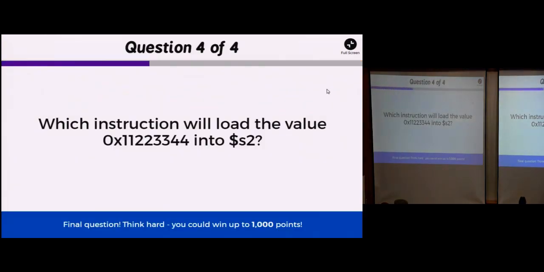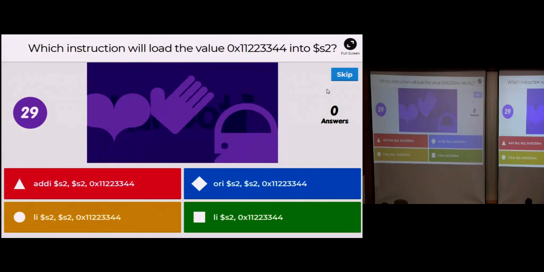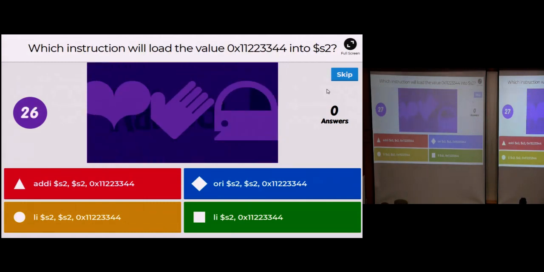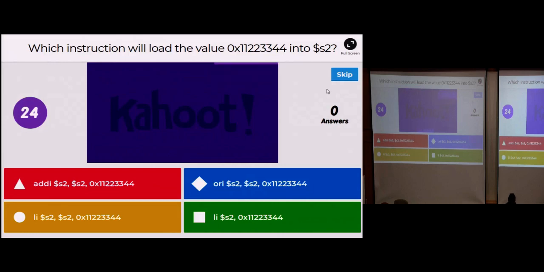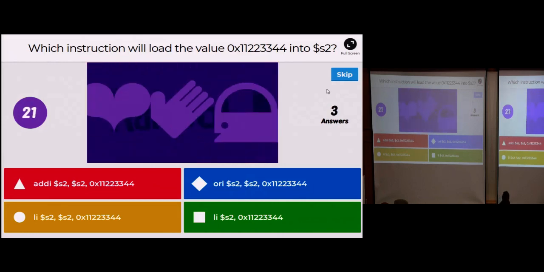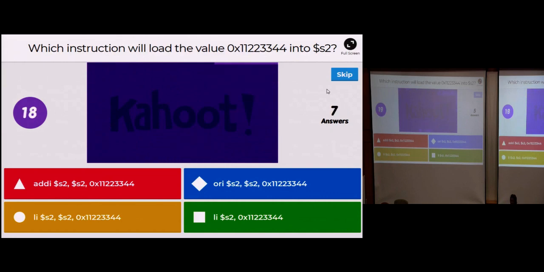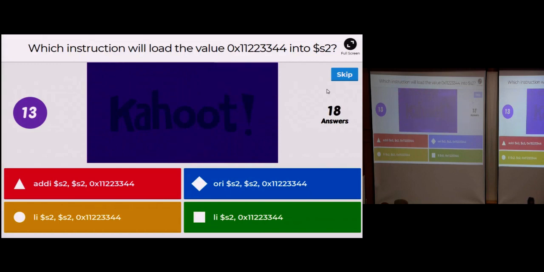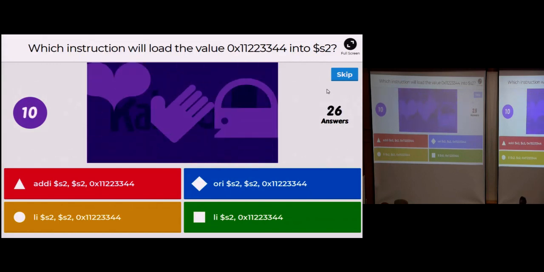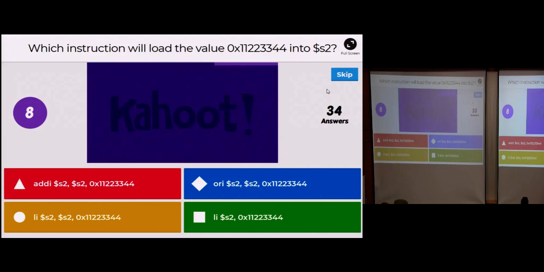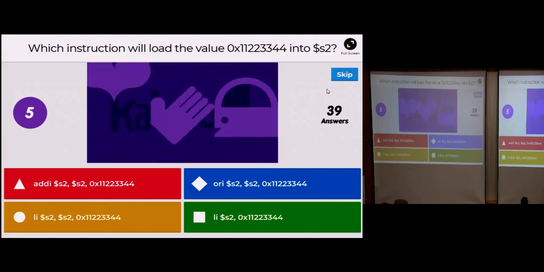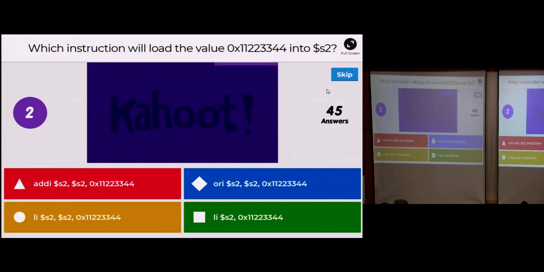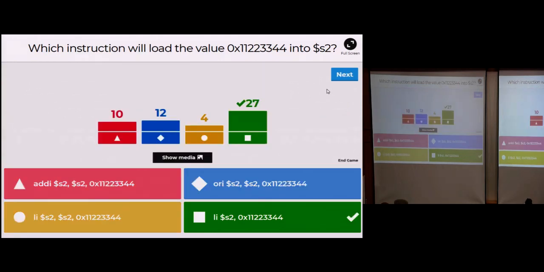Okay, last question. Which instruction will load this value into the S2 register? About half got it right, half got it wrong.